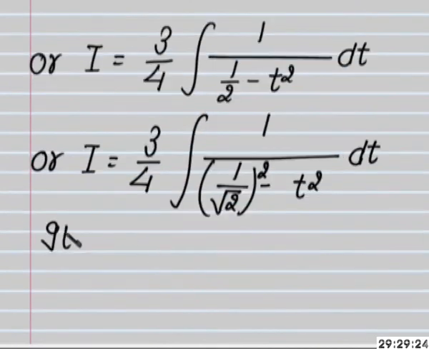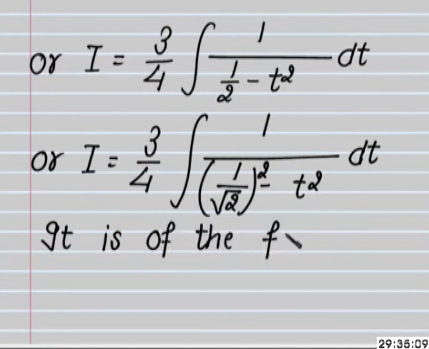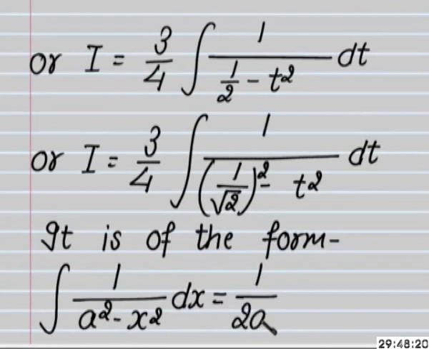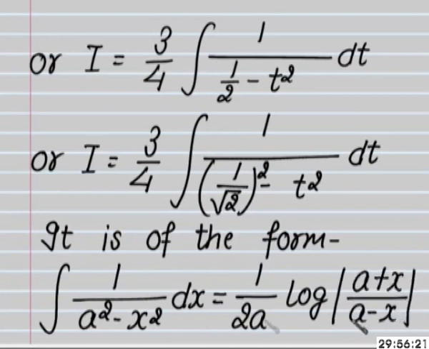Now it is of the form integral of 1 upon a square minus x square with respect to x, that is equal to 1 upon 2a into log of mod of (a plus x) upon (a minus x) plus c, where c is the constant of integration. Here a is equal to 1 upon square root 2 and x is equal to t.